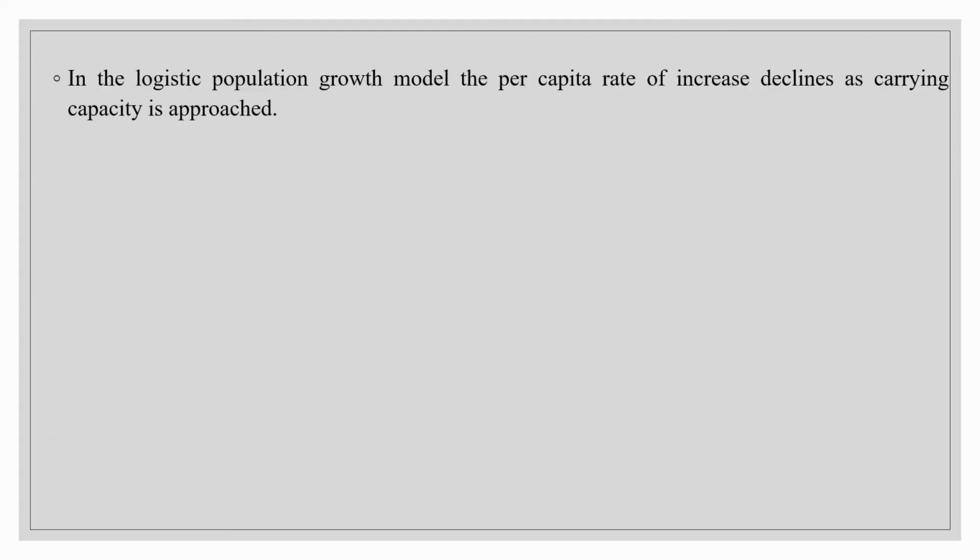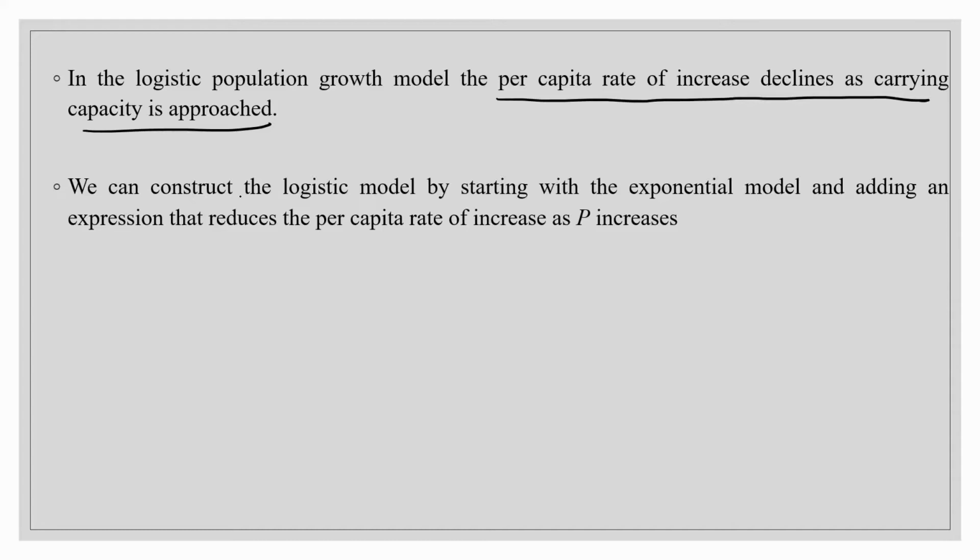So in logistic growth, we can see the per capita rate of increase declines as the carrying capacity is approached, as I have told you. We can construct a logistic model by starting with the exponential model, and then adding an expression that reduces the per capita rate of increase as P increases.